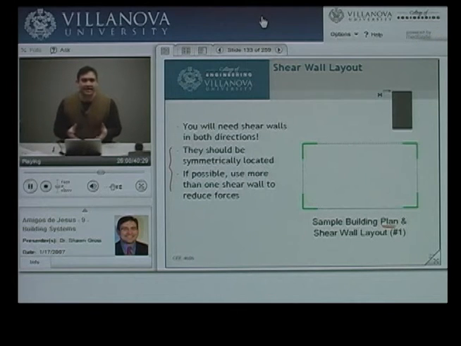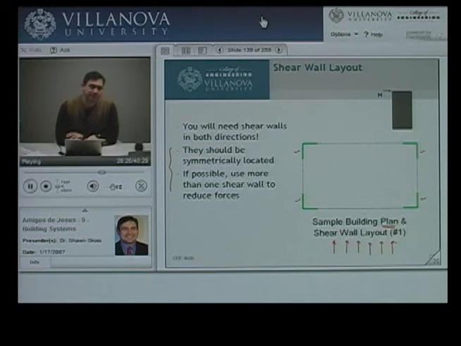So if you want to think about what we've done on this simple design, I have added a shear wall in each direction at each corner. So I've actually added a total of 8 shear walls. If the wind blows in this direction, that shear wall and that shear wall and that shear wall and that shear wall are going to act together to resist my forces.